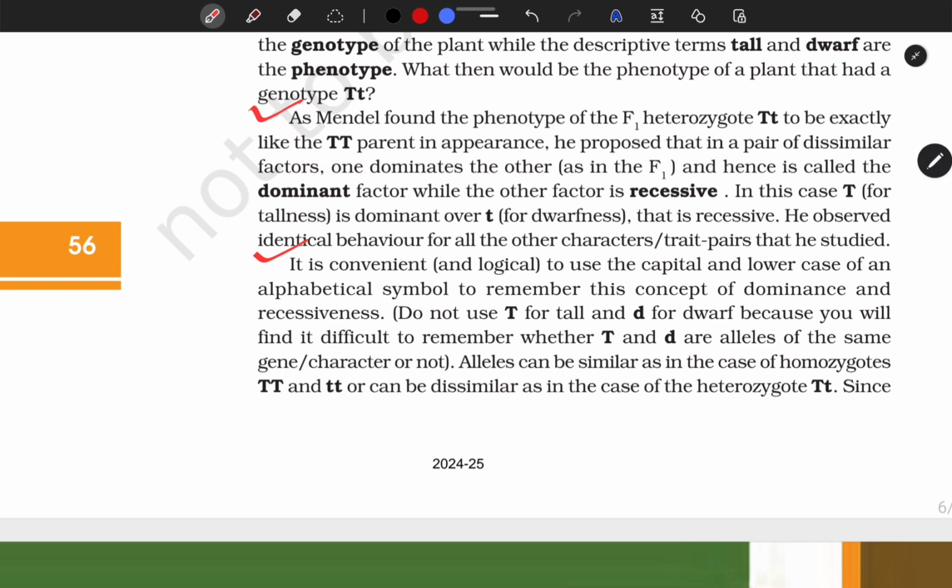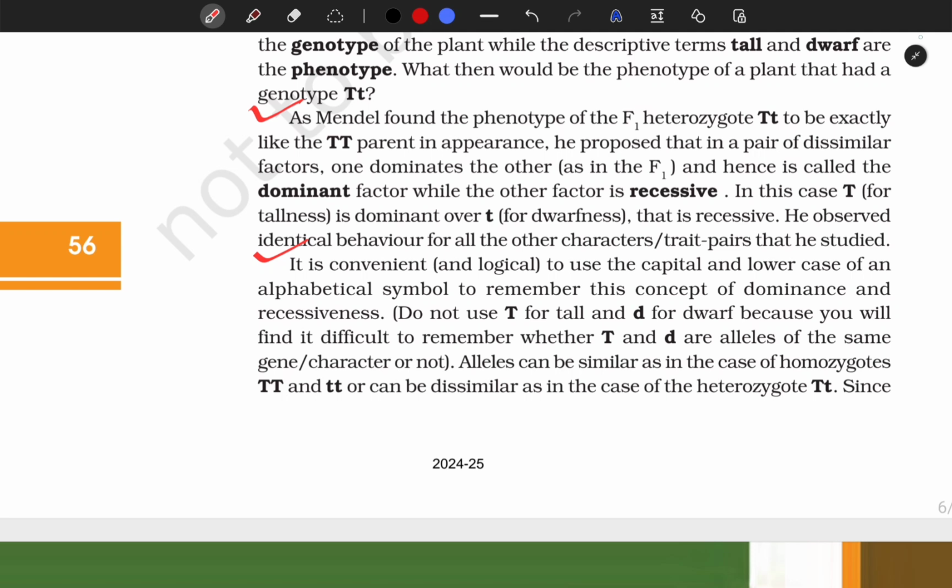It is convenient and logical to use the capital and lower case of an alphabetical symbol to remember his concept of dominance and recessiveness. Do not use capital T for tall and small d for dwarf, because you will find it difficult to remember whether capital T and small d are alleles of the same gene or character or not.